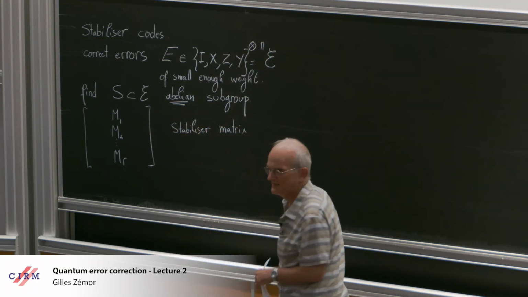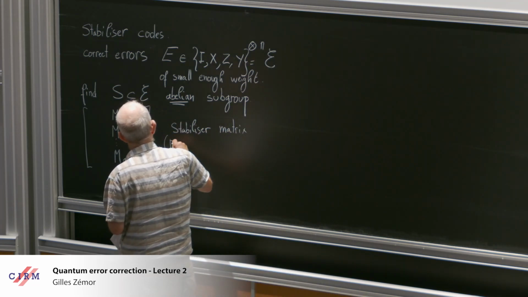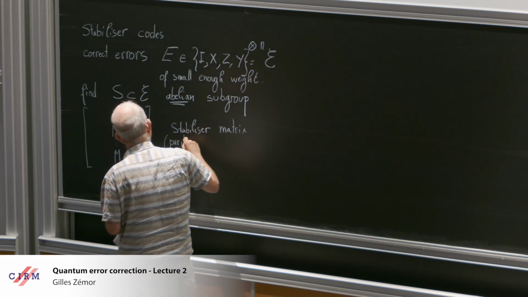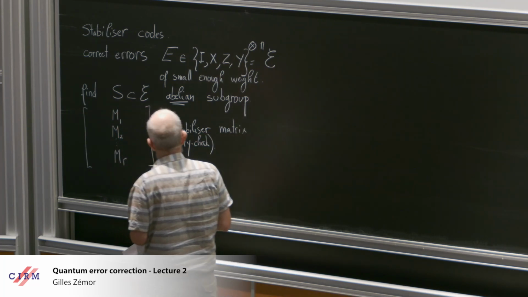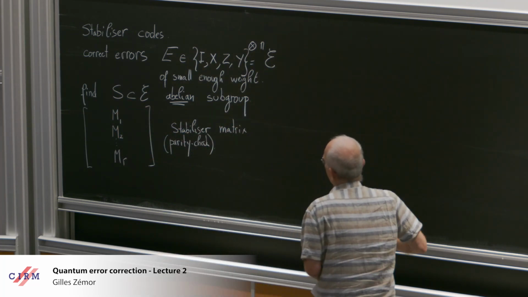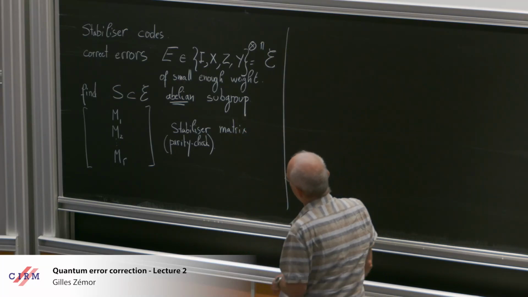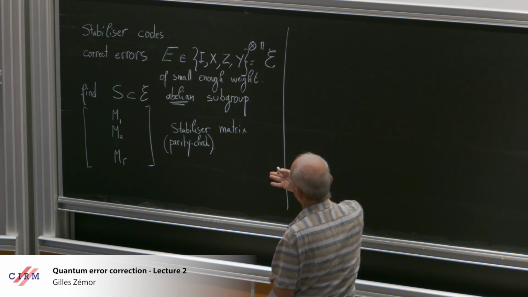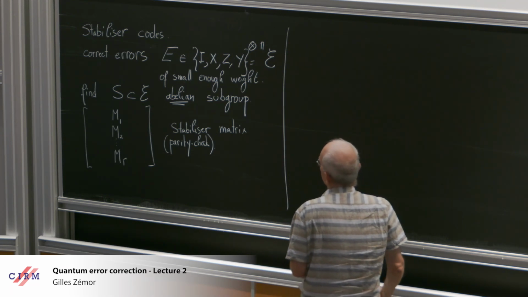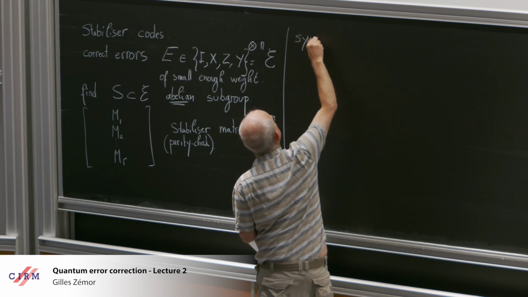Sometimes by analogy with the classical case, we call it a parity check matrix. And every such set of generators, M1 through to MR, defines a syndrome function, like in the classical case.